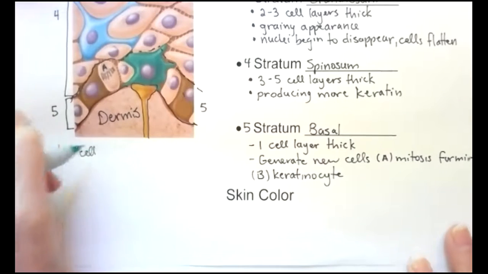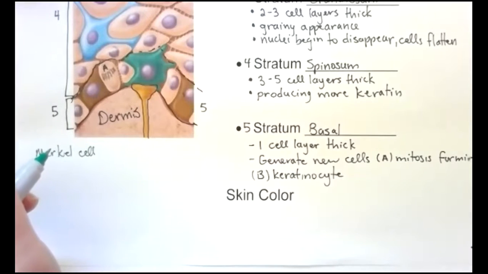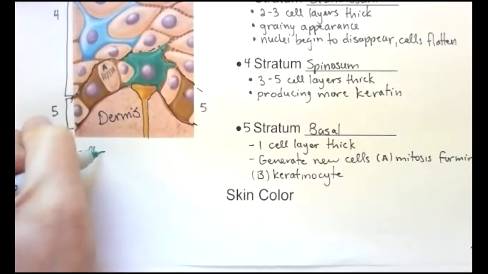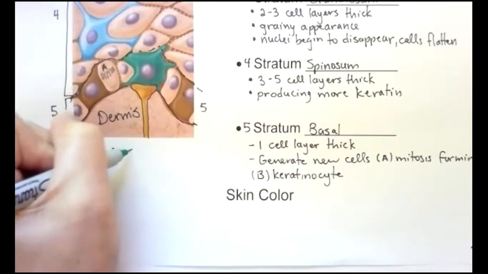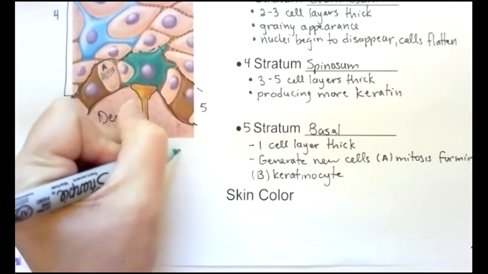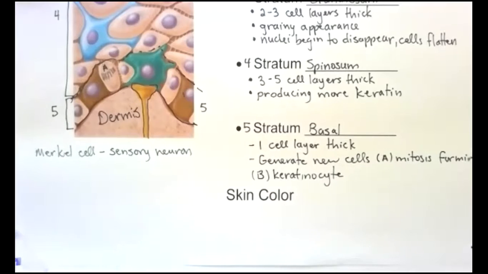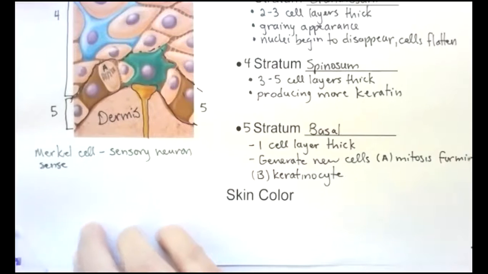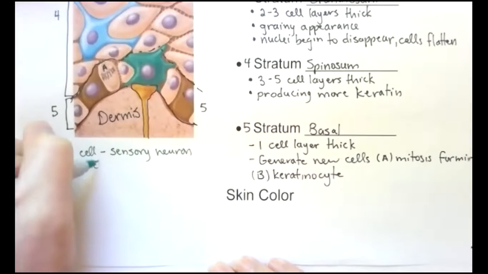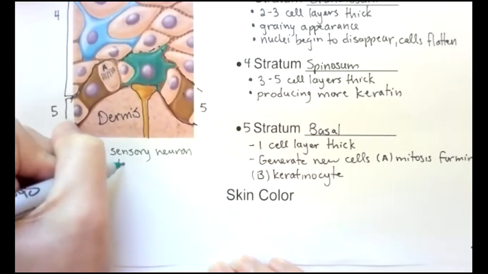And it's a sensory neuron. Sorry, I couldn't think of the word. So a sensory neuron, it allows us to detect, like the other ones have, the Meissner's corpuscle and the Pacinian corpuscle, it allows us to sense pressure or touch. Specifically deep pressure.